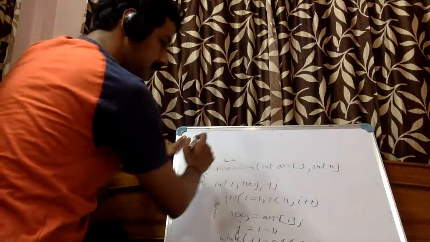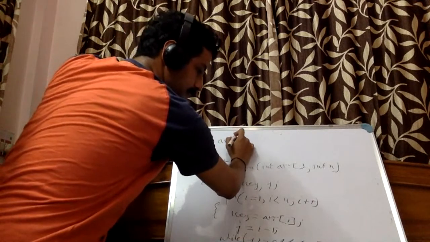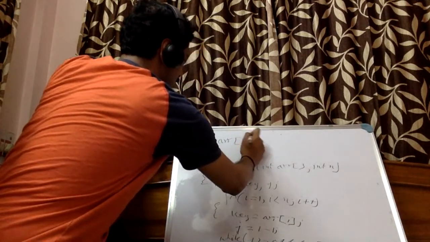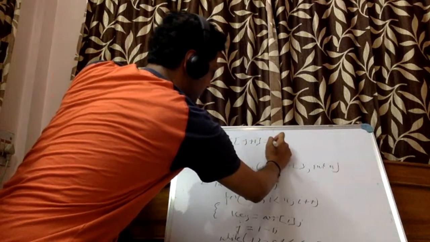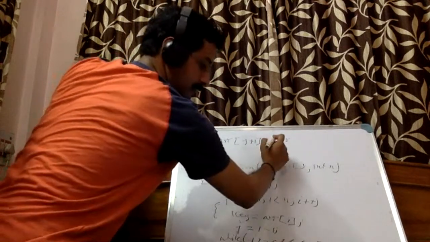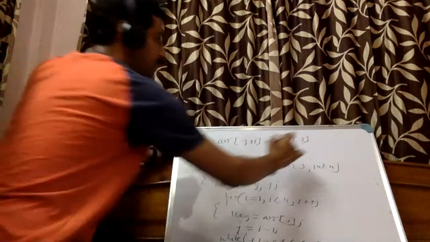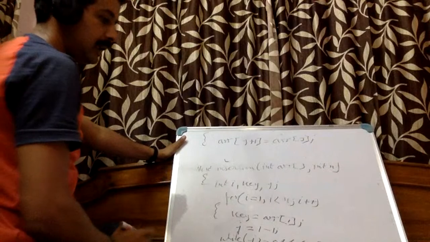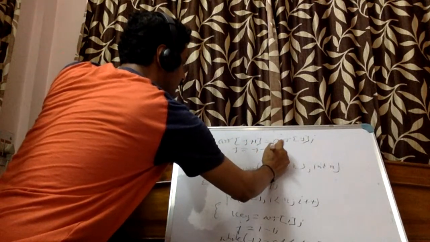Then here arr[j plus 1] equal to arr[j]. This is exactly what we have done in our example, and then j becomes j minus 1.